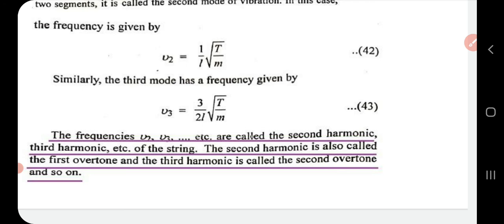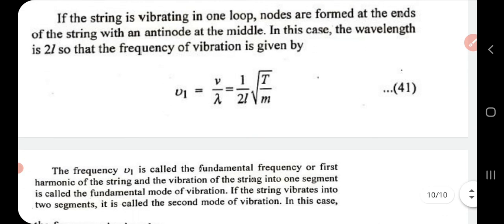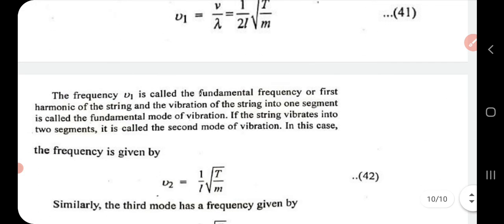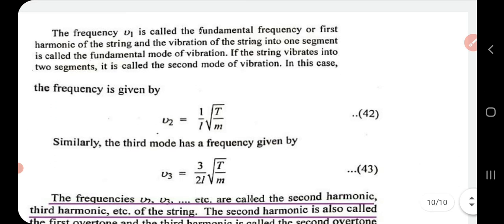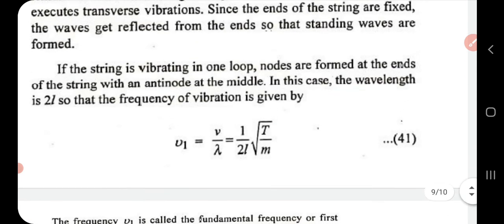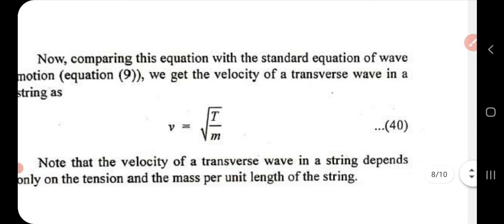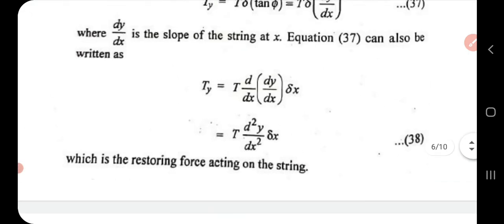Second harmonic is also called first overtone, third harmonic is also called second overtone, and so on. From this paragraph you are getting some definitions: fundamental frequency, first, second and third modes of vibration, second harmonic, third harmonic, and so on. You just need to study the definitions, but this one is an essay.